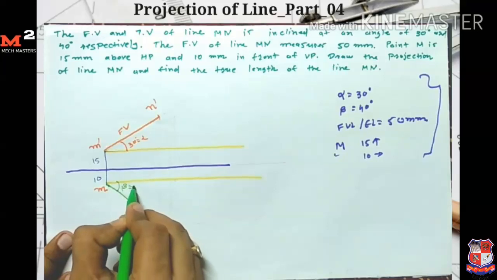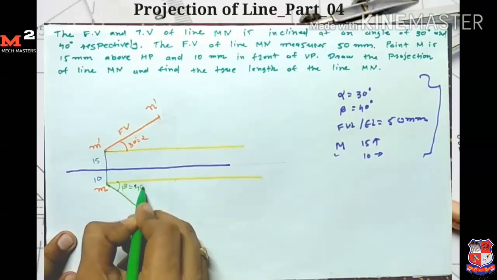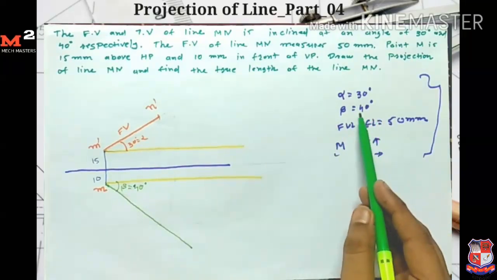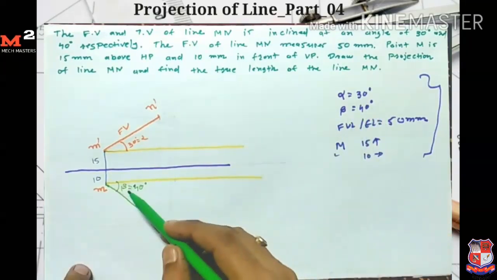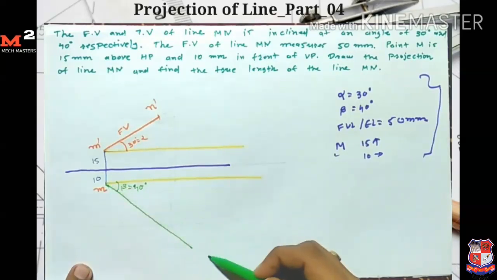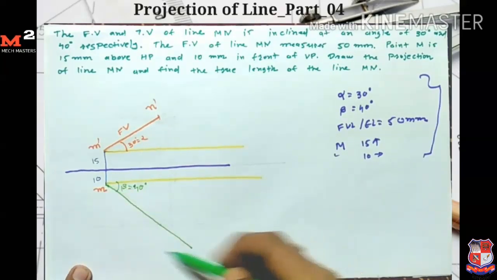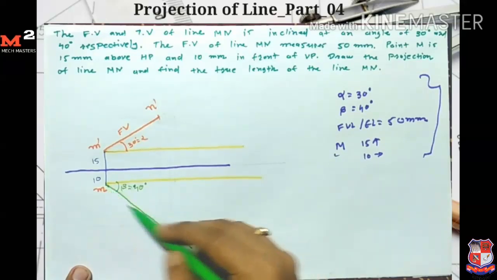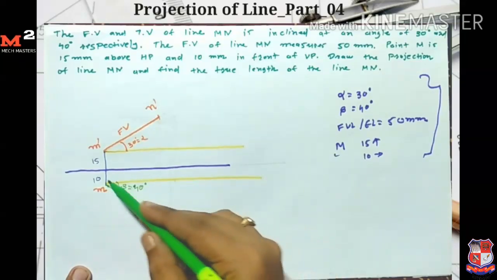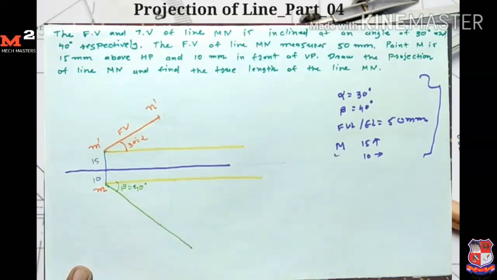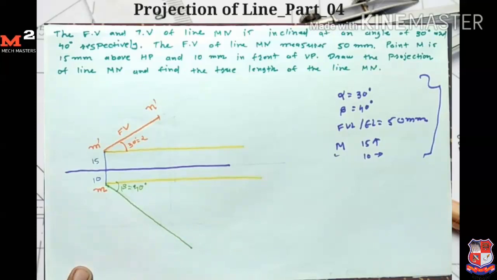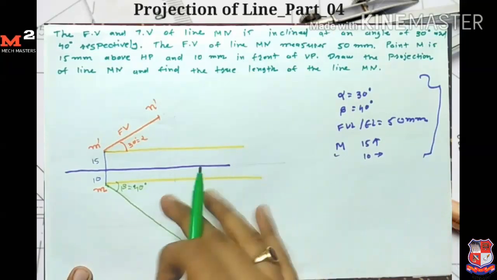Beta is equal to 40 degrees. Here the angle made by the top view is 40 degrees. I don't know where my point N is, but I know that my point N is on this line. So I simply first draw a line at an angle of 40 because it is the angle made by the final top view.